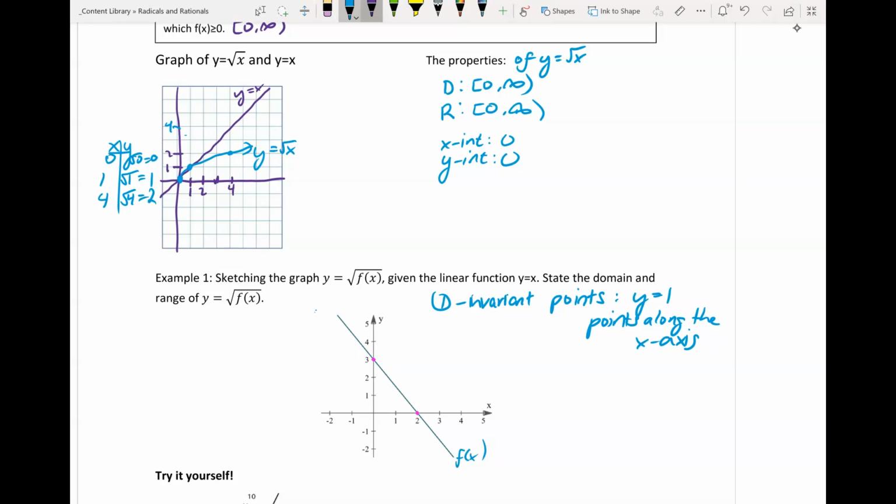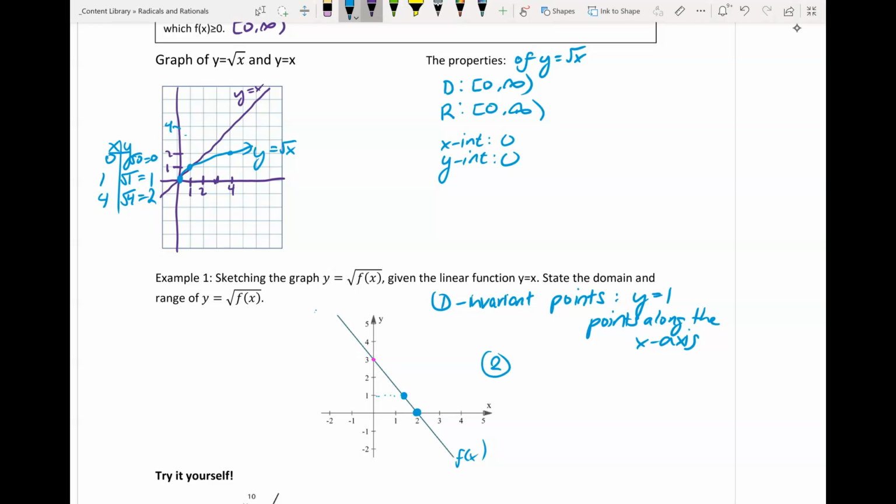My y equals 1 is located here. That's one point that's going to be on the root of f of x. Another is points along the x-axis. We have 1, which is located here. And that's it for step 1.